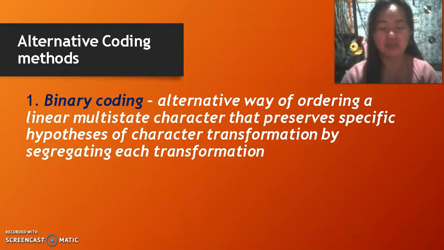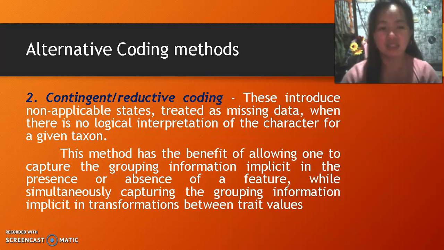There are also alternative coding methods. First is binary coding. It is an alternative way of ordering a linear multi-state character that preserves a specific hypothesis of character transformation by segregating its transformation. The second is contingent or reductive coding.